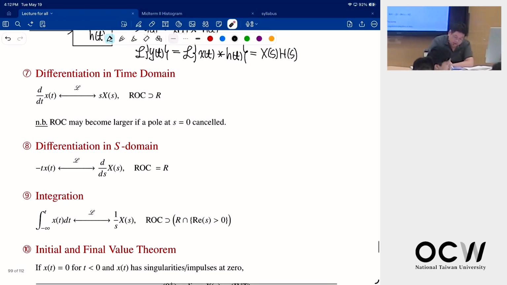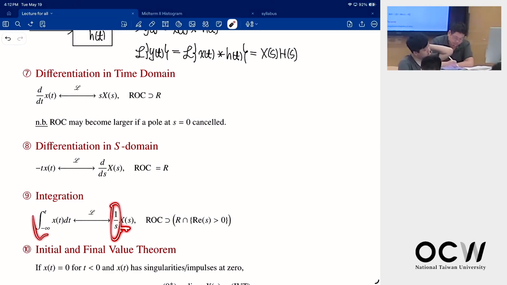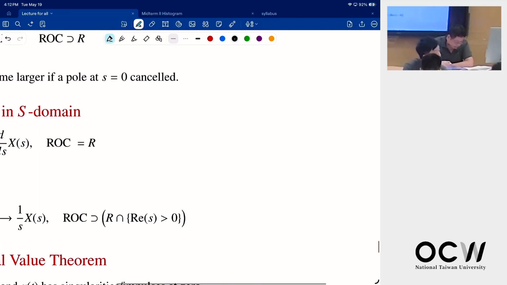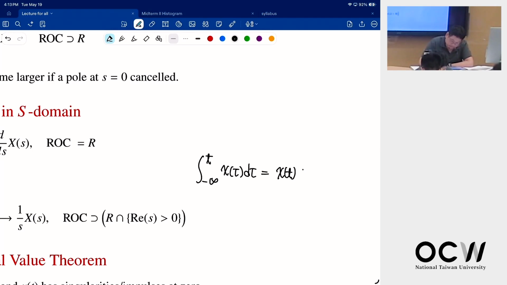And also, why is it 1 over s times the Laplace transform? See this integration. This integration, you can think about the signal convolved with the unit step function.